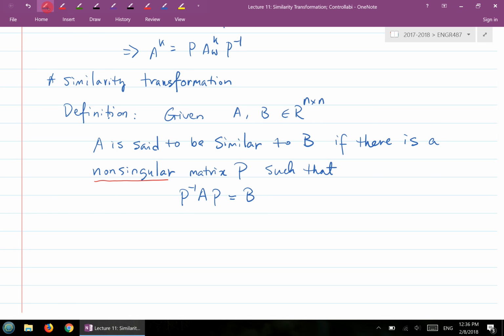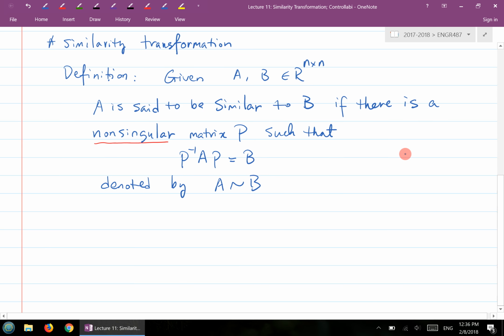Sometimes this can also be denoted by A tilde B. Mathematically, if two matrices are denoted with a tilde sign in between, it means they are similar.